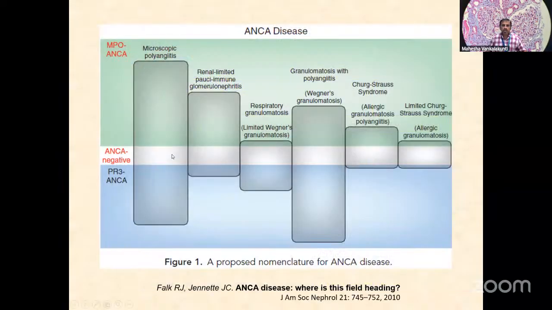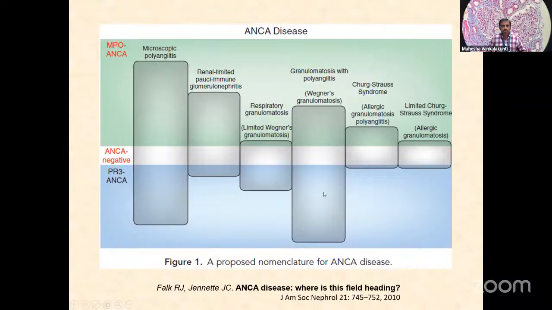So if we look at this chart, this gives us a fair idea about which of the ANCA antibody is more common with a particular disease. The top one gives the table of the list of diseases associated with MPO, and the bottom is that of a PR3 ANCA.